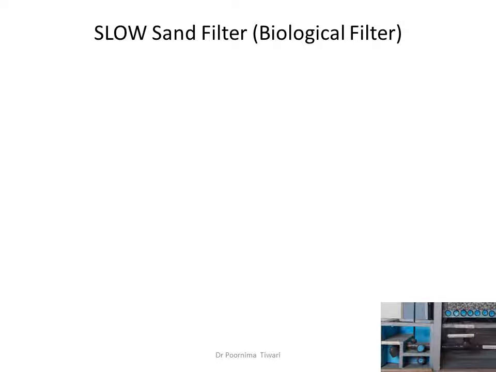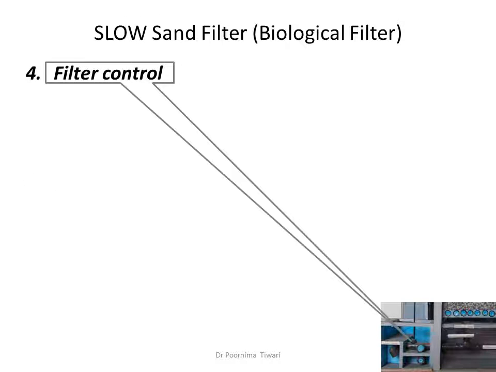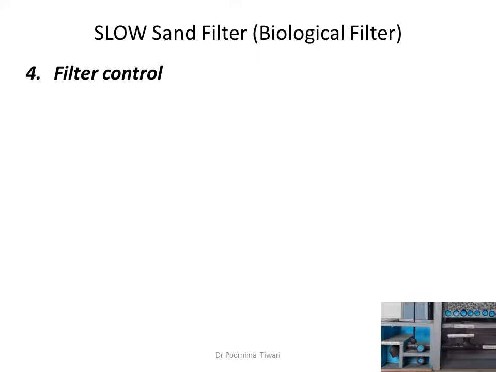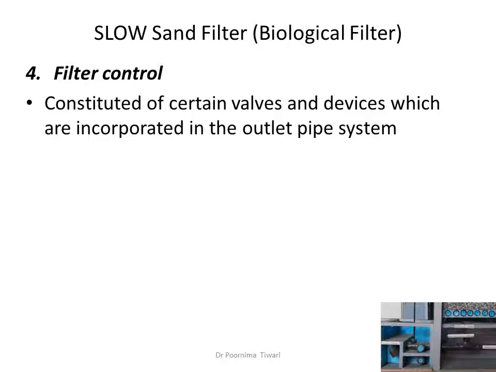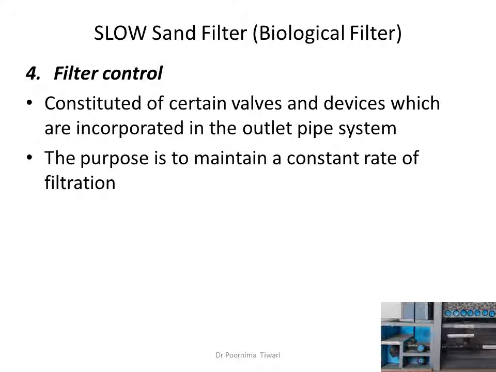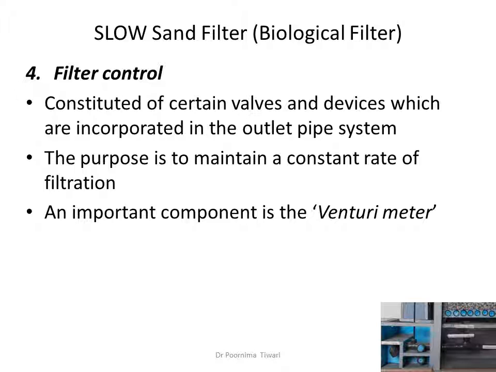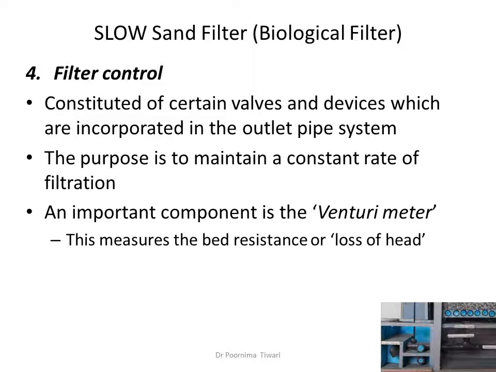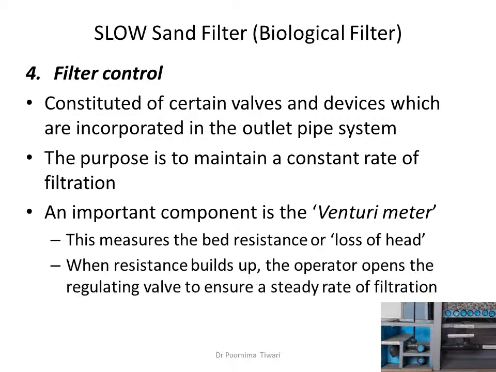Filter controls are outside the filter box and constituted by some valves and devices which are incorporated into the outlet pipe system. The purpose of filter control is to maintain a constant rate of filtration. An important component of filter control is the venturi meter, which measures the bed resistance or loss of head of water, because of which filtration occurs.